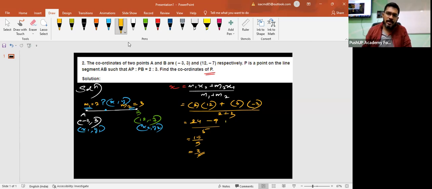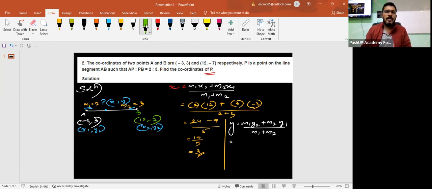Now let's find the y coordinate of P. How will you write the formula? y is equal to (m1 y2 plus m2 y1) whole divided by (m1 plus m2). Now m1 is 2, 2 into y2, which is -7, plus m2, which is 3, into y1, which is 3, whole divided by 2 plus 3.